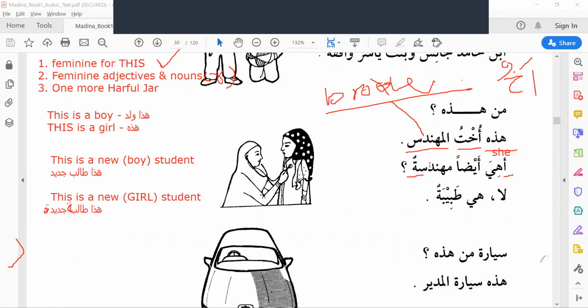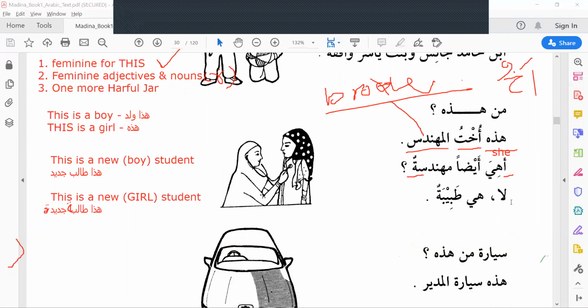So if we use engineer, doctor, artist, whatever it is, if you want to use it for feminine, just add a ta at the end. Hiya aidan muhandisatun. Is she also an engineer?